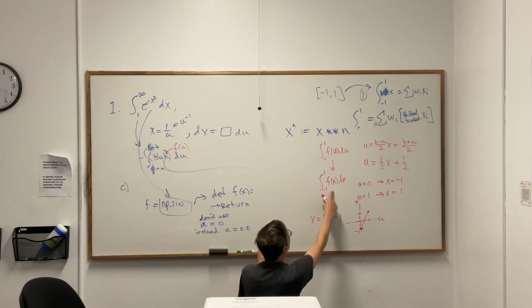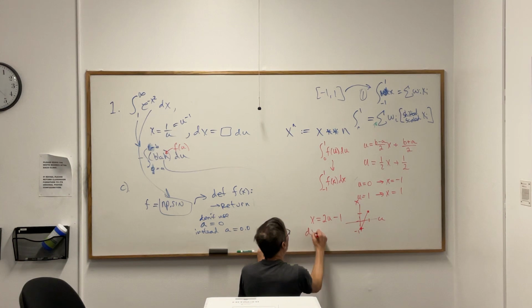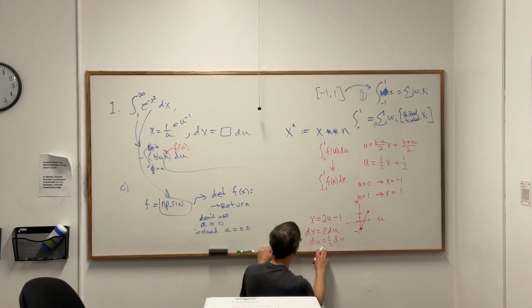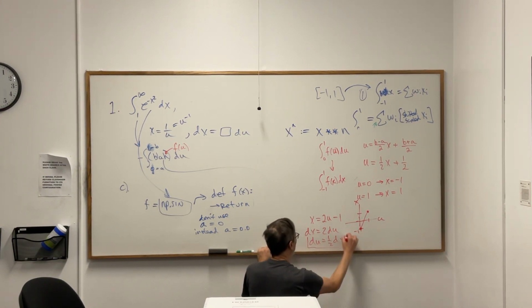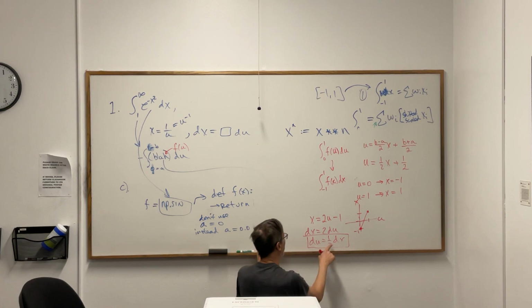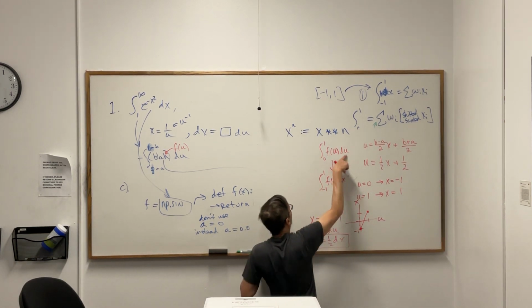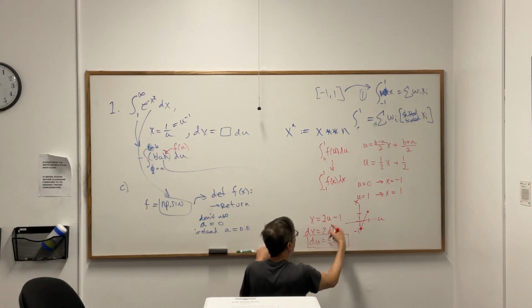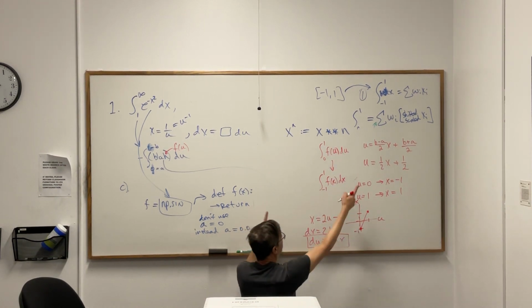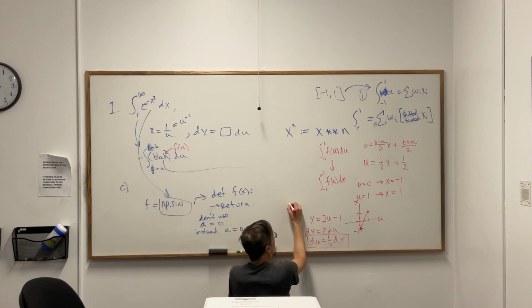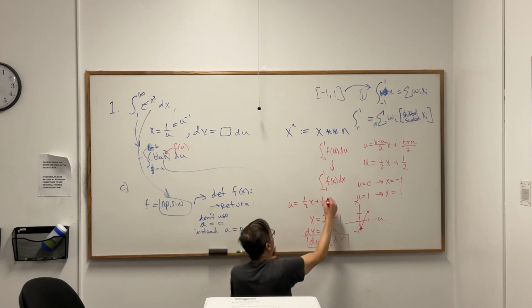Because I'm going to x here, dx is 2 du, so du is still 1/2 dx. Okay, wait, no, everything was okay. That's where we get the 1/2 from, because we're going to replace that with 1/2 dx, and we're going to replace u with the formula up there. So u is going to equal 1/2 x plus 1/2, and so that was right.